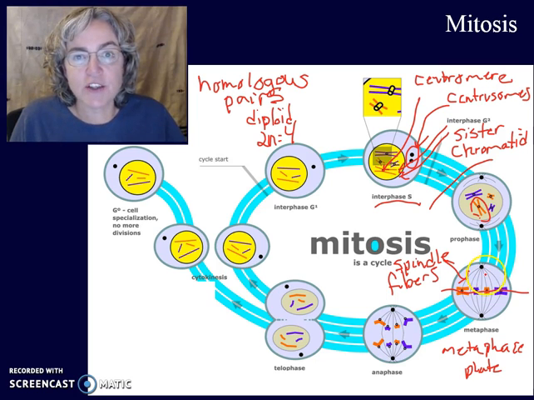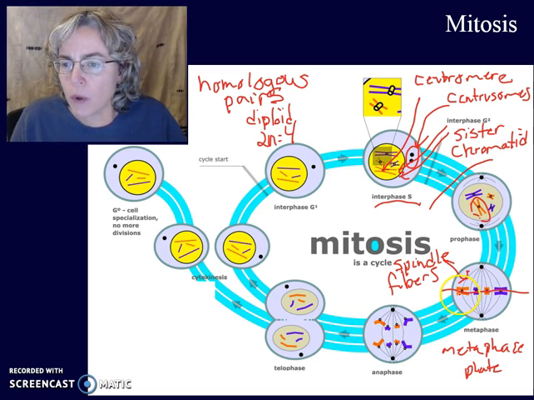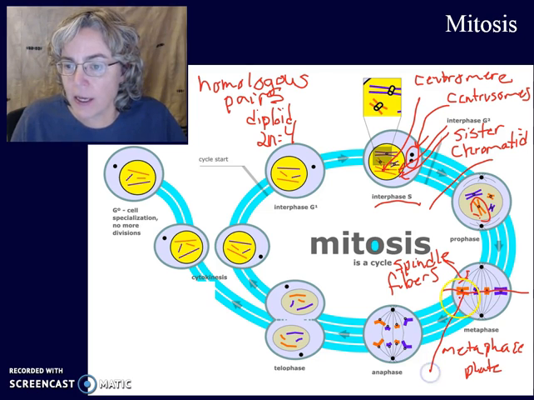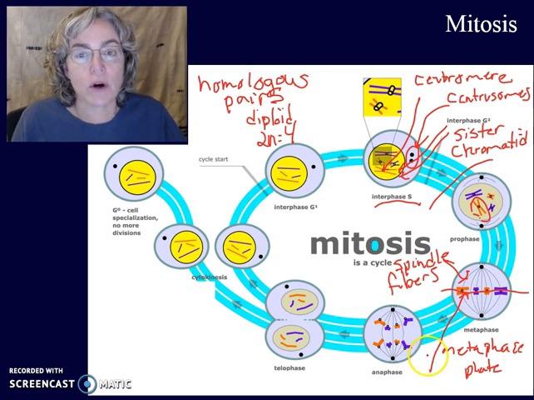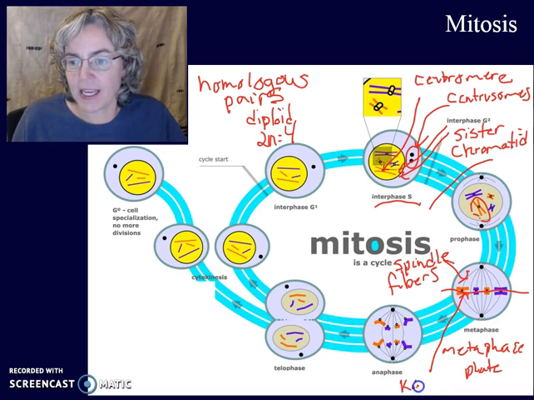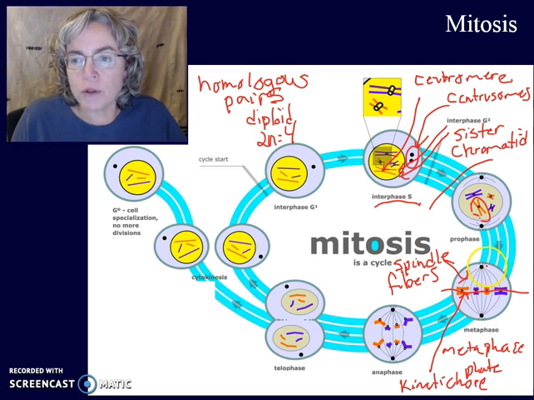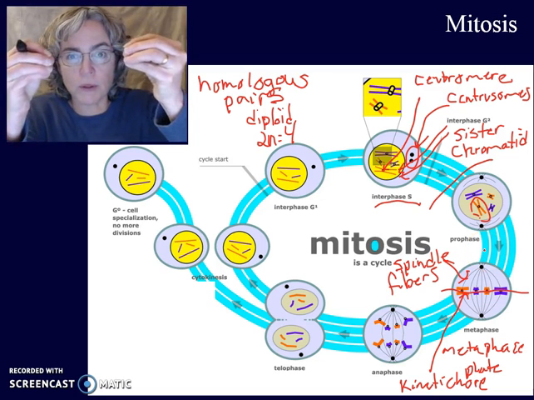And they attach to the chromosomes at the centromeres at what's called a kinetochore. So there is at the centrosome a kinetochore on each sister chromatid. So kinetochore. And these spindle fibers will then shorten. And as they shorten, it pulls the sister chromatids apart. So the sister chromatids are going to be pulled apart.